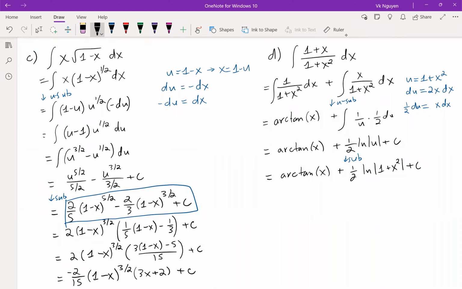Notice that 1 plus x squared is already positive because x squared is positive. Now, just get rid of this absolute value here.